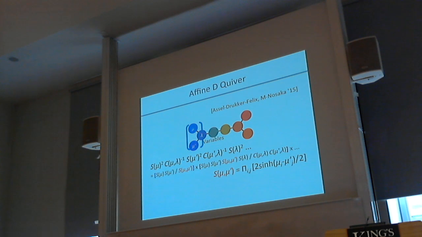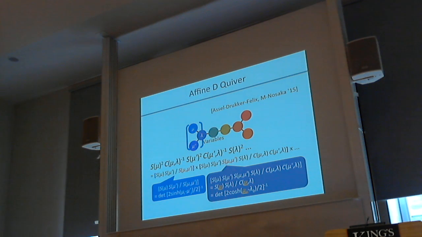So again, we pick up the major parts. For the D-type case, we can multiply by S and divide by S, and this S is defined like this. Then we find that each factor is again rewritten in terms of a determinant. So everything is again a determinant.